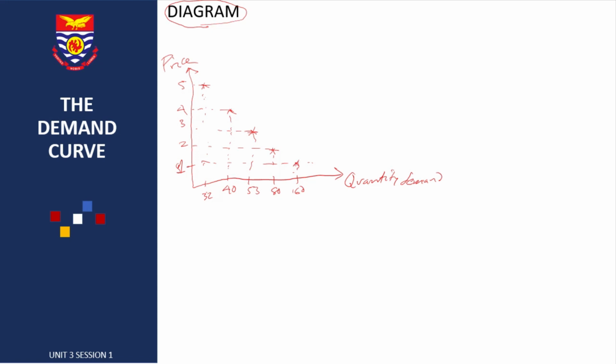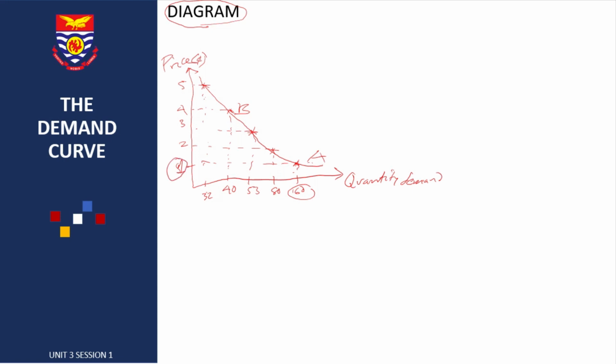Now I'll join all the points. So I'll join from here up through my points here. That is it. Let me indicate that this is in cedis. Alright, so I can say this may be point A. This can be point B. Now, point A shows that 160 bars of chocolate are demanded at price 1.